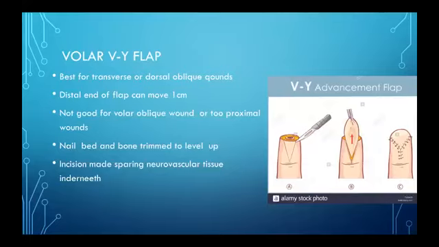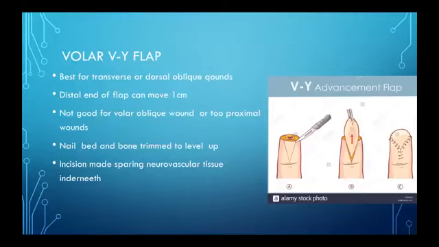To do this, the nail bed and bone need to be trimmed to level up so that there's a bit of soft tissue over the bone, and the flap then sits over the soft tissue to provide skin coverage. Make the incision sparingly, a very superficial incision that just allows the skin to remain attached to the underlying septae.